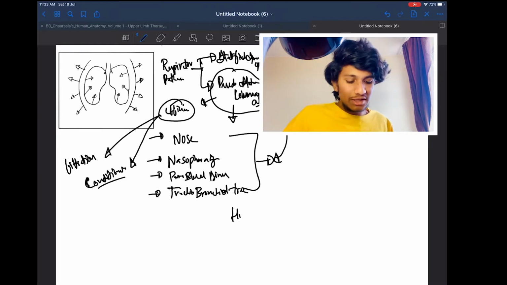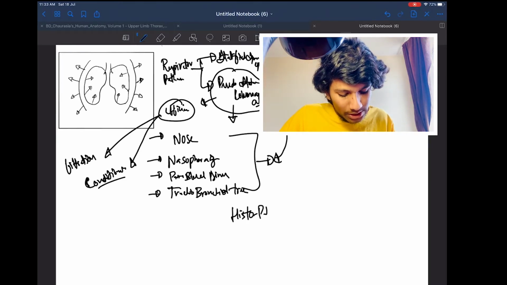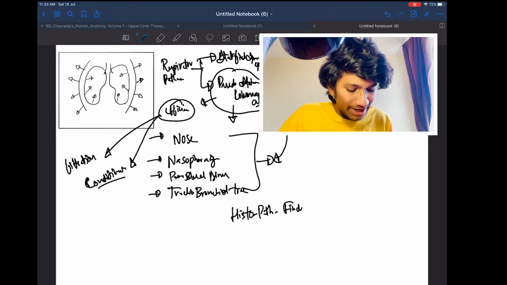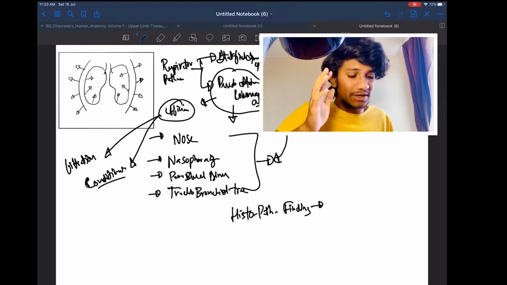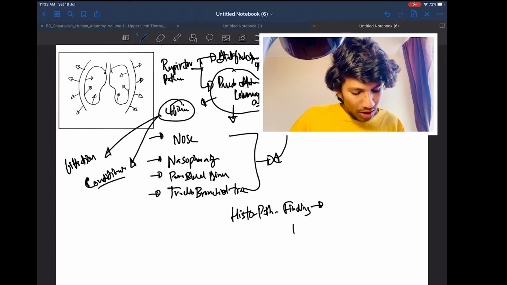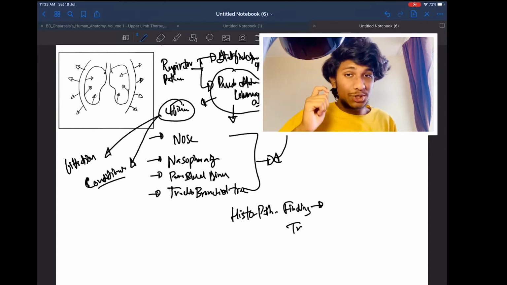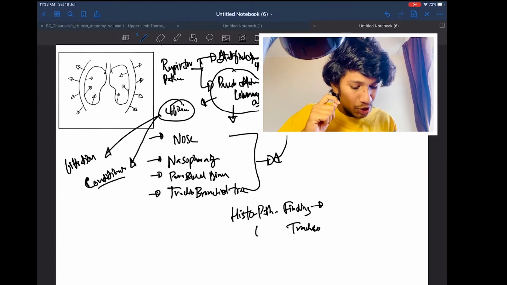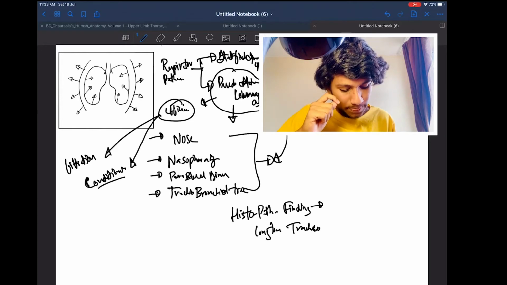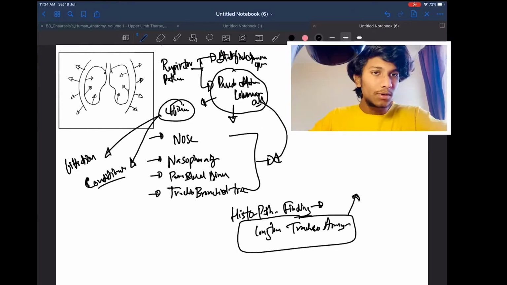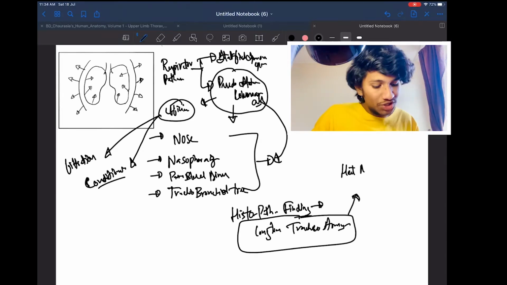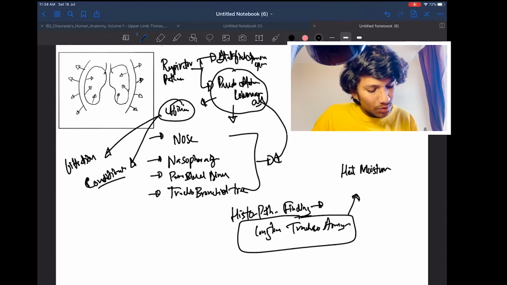histopathological finding. There is a survey which they did conduct, in which long-term tracheostomy patients are being given a heat moisture exchanger.